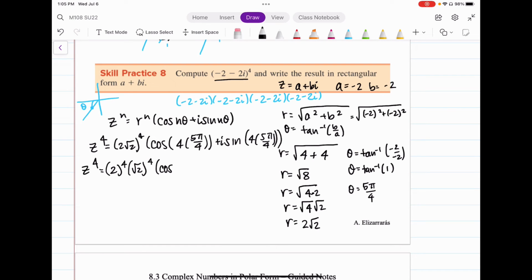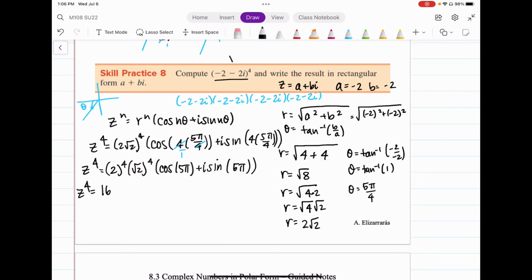And 5 pi over 4 times 4 over 1 reduces to just 5 pi. 2 to the fourth is 2 times 2 times 2 times 2, which is 16. √2 to the fourth is √2 times √2, which is √4, or 2, times √2 times √2.